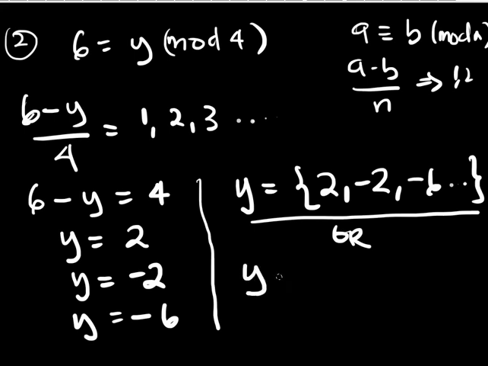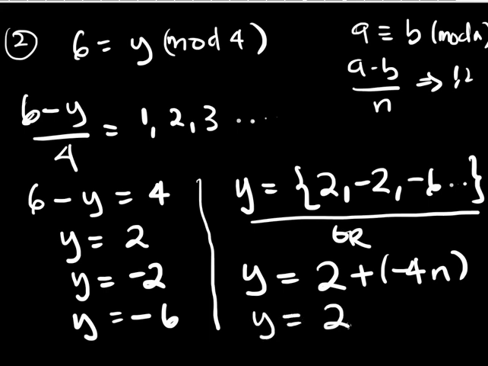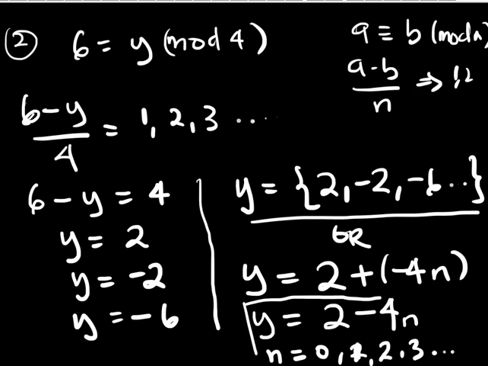We notice that 4 is the difference here, so y must be 2 minus 4n, where n starts from 0, 1, 2, 3, and so on. This will be your final answer.